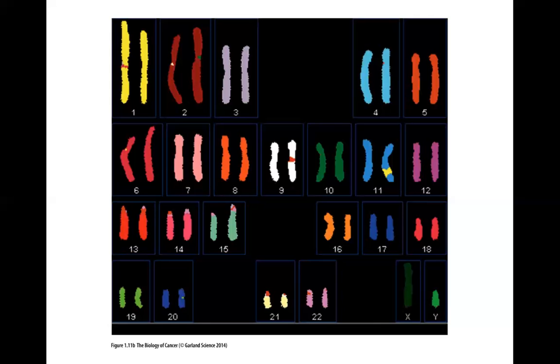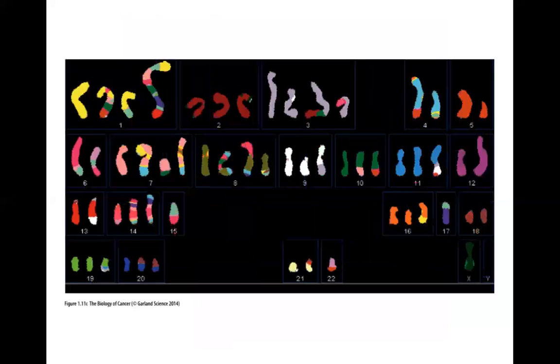Now, in the cancer state, we're talking about somatic mutations that give rise to gene expression variation. And we can look here at the same sort of probes applied to a particular cancer type in which we see a lot of change. Notice the breakup of the chromosomal integrity.